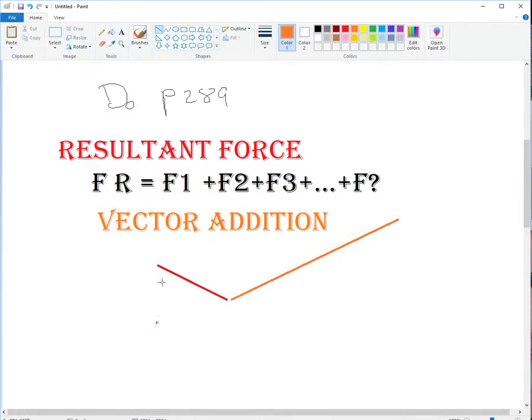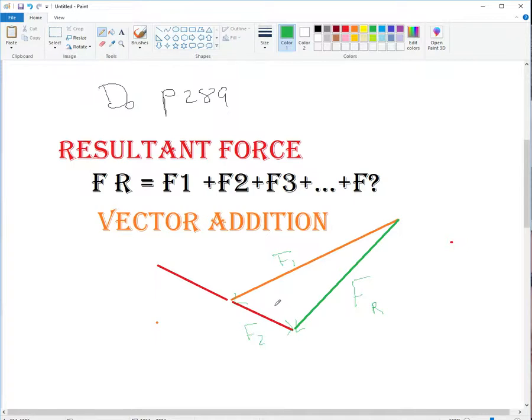Your resultant vector is going to be, repeat this one, like this, red, and then this green is going to be your resultant vector. So this is your force resultant, and this is your force 1, this is your force 2. The arrows go like this, like this, like this.